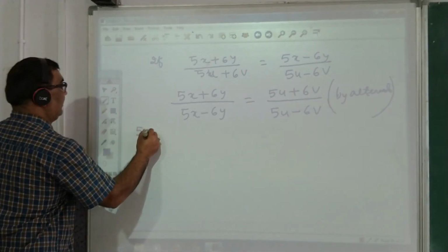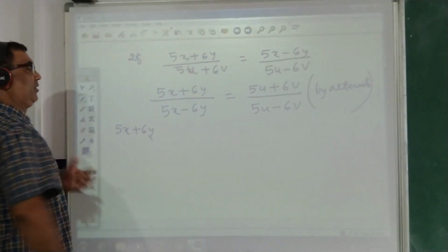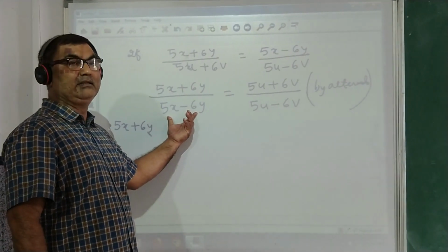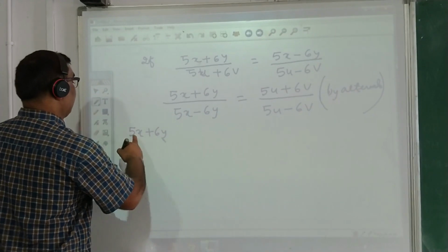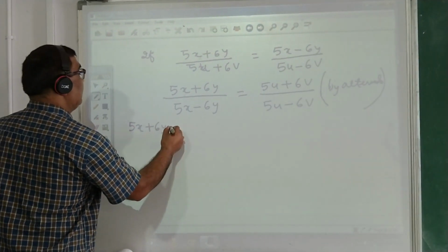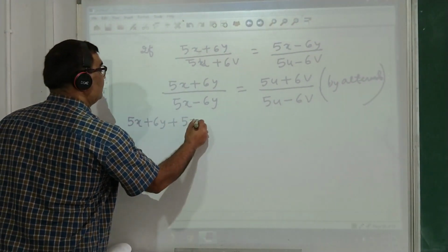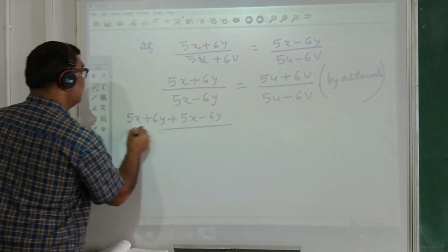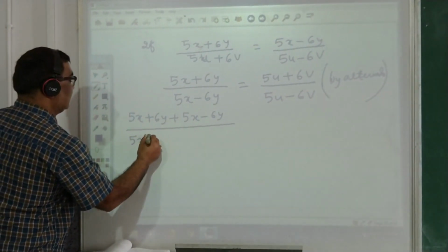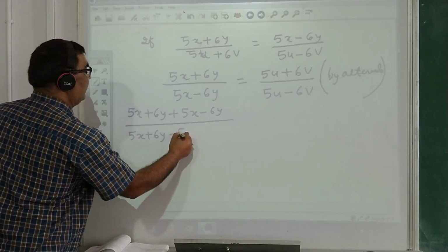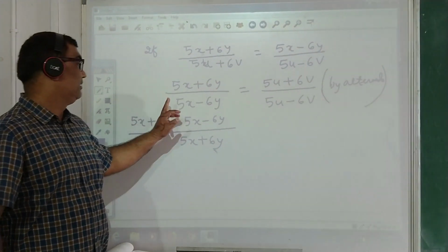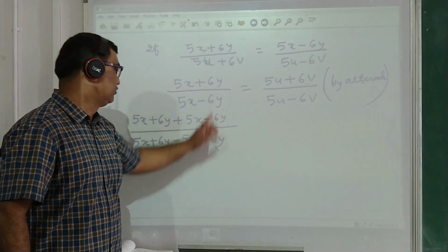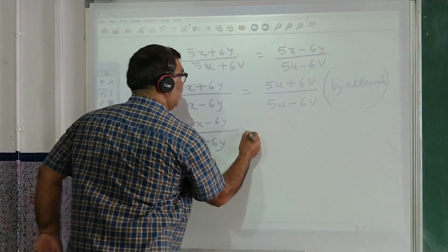So can I write 5x plus 6y? If you remember, this was added in case of componendo and this was subtracted. So can I write (5x plus 6y plus 5x minus 6y) divided by (5x plus 6y minus 5x plus 6y). This minus this, so minus into 5x, minus into minus 6y.